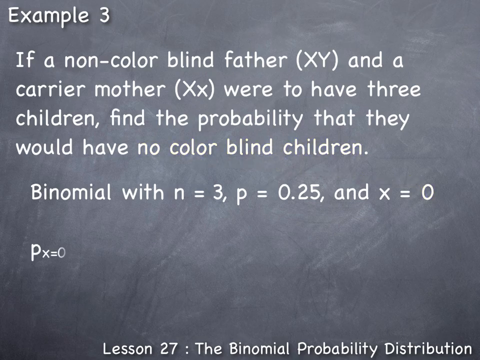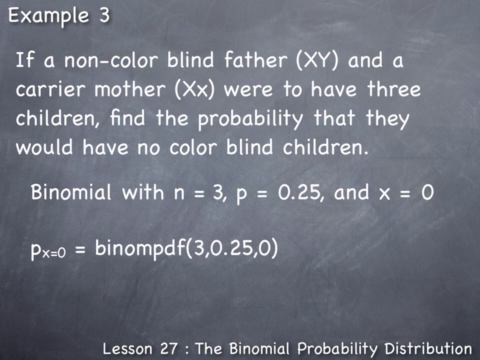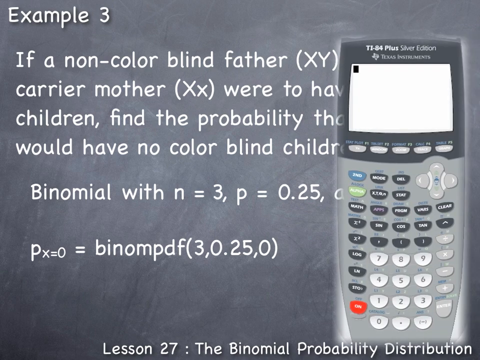So, on the TI-84 calculator, we could find the probability of having no colorblind children by executing the binomPDF command using n equals 3, comma, p equals 0.25, comma, and x equals 0. The binomPDF command is located in the distribution menu. We find that by going second, distr, and then arrow down till we find the binomPDF command.